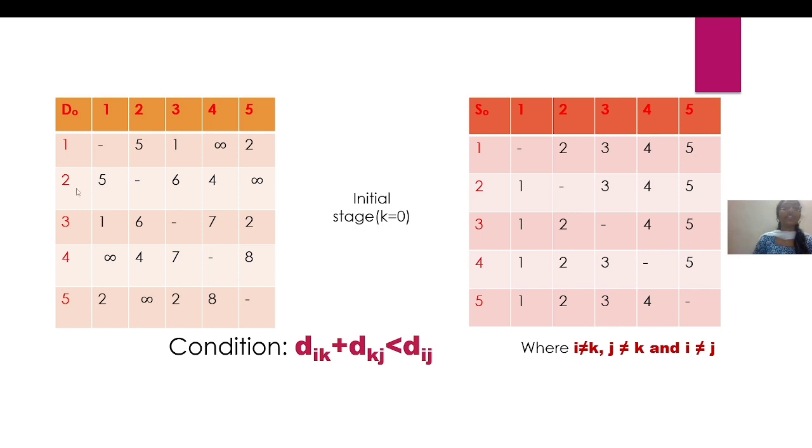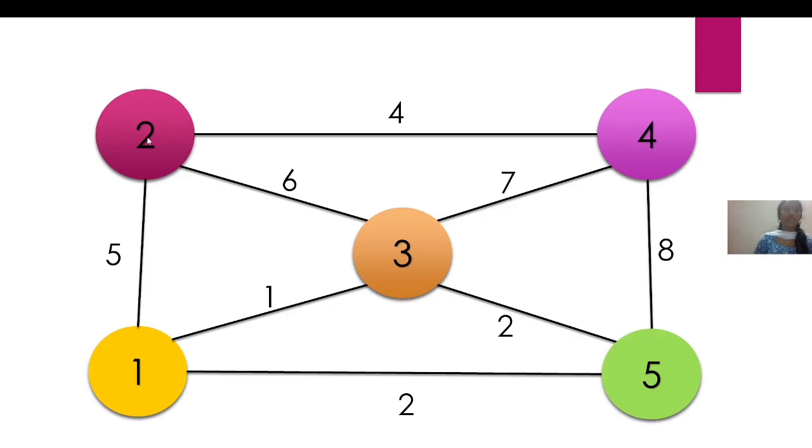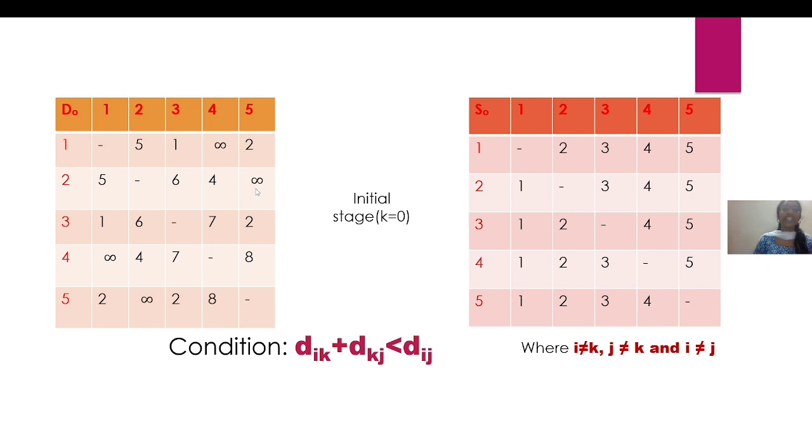Similarly, we are going to fill this D matrix. 2 to 1 there is an edge weight of 5, 2 to 3 it is 6, 2 to 4 it is 4, and 2 to 5 there is no direct edge, so we are going to put infinity in that place.